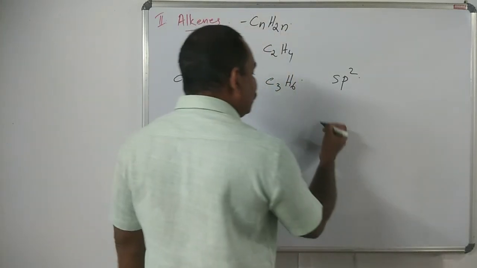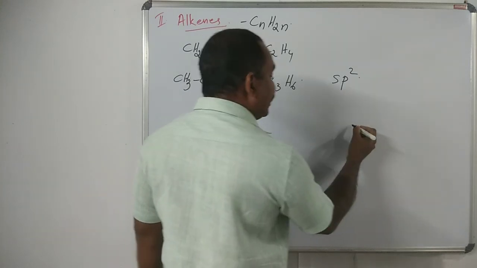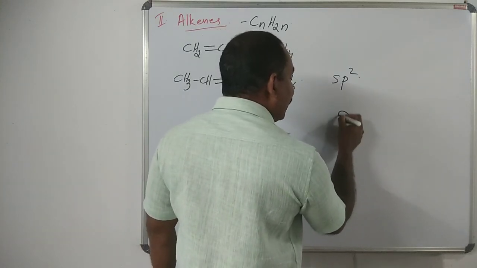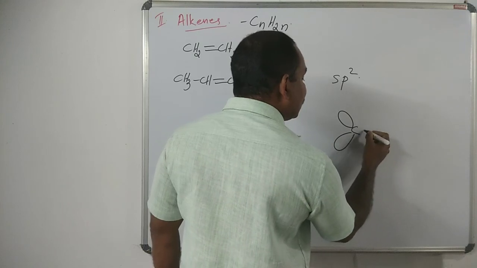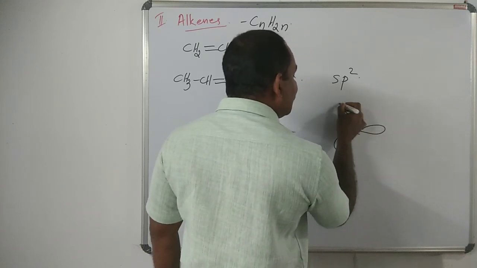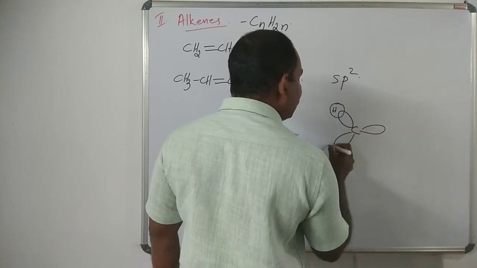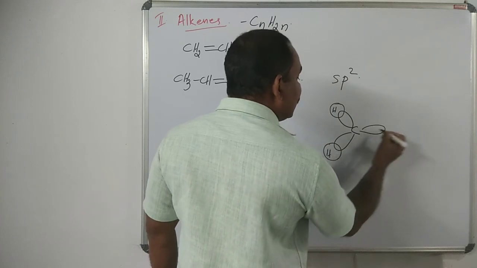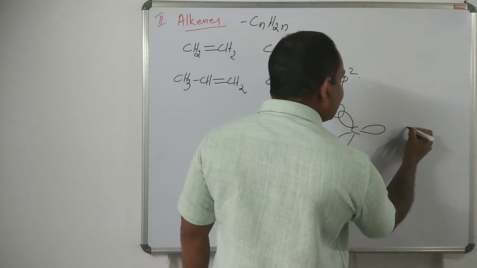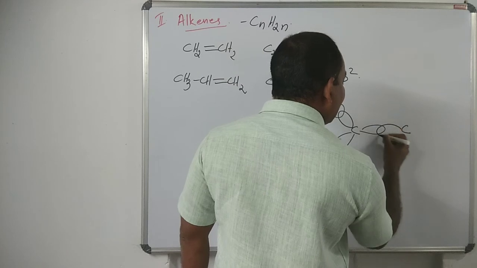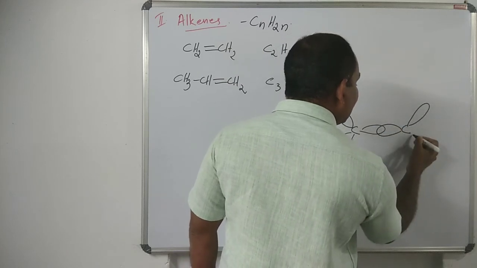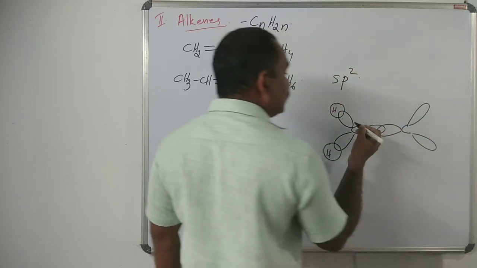So the structure of alkenes: each sp2 hybridized carbon atom has three sp2 hybridized orbitals, and the second carbon atom contains another sp2 hybridized orbital.